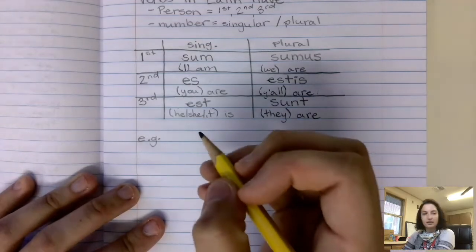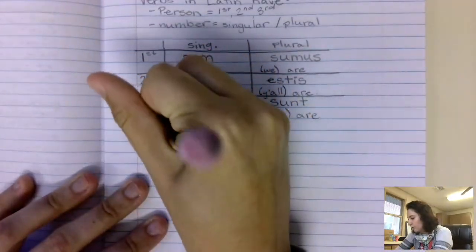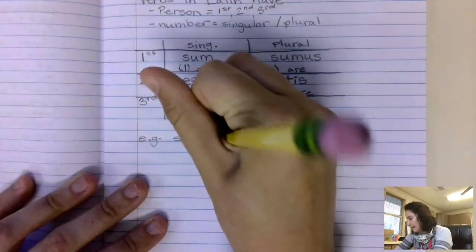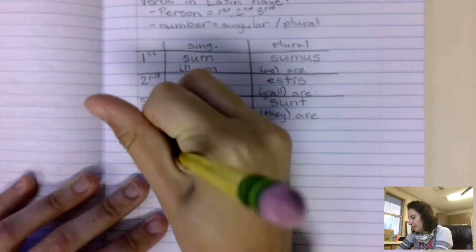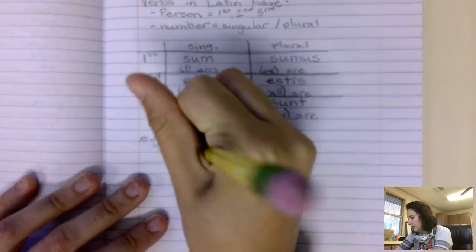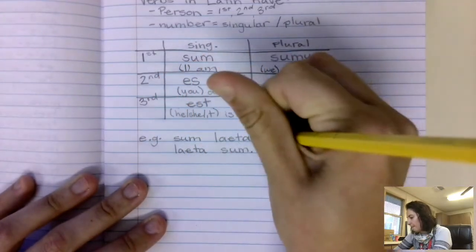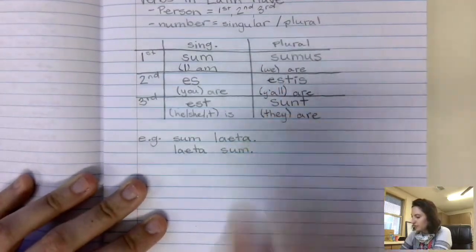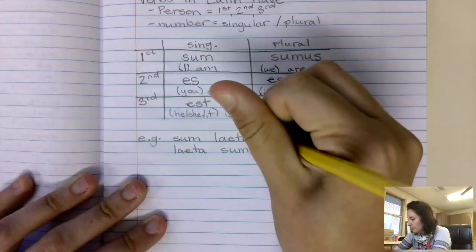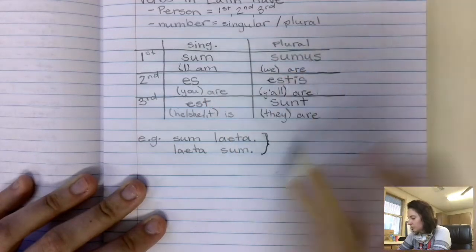And my first example is just sum laeta and laeta sum. Both of these mean, sorry, I messed that up.